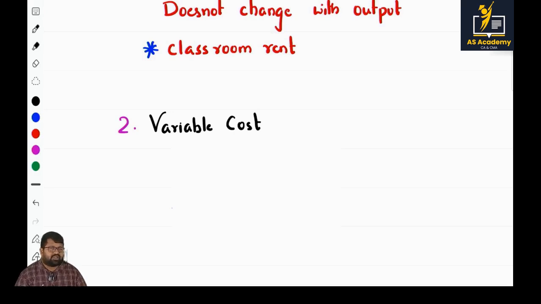Okay. And still any other variable cost in the class? In the class, any examples for variable cost? Or in this building, any examples for variable cost? Chairs. Chairs done.